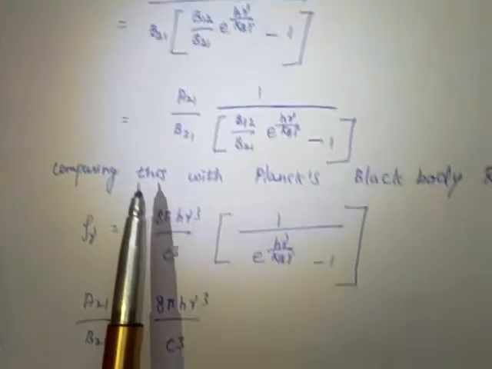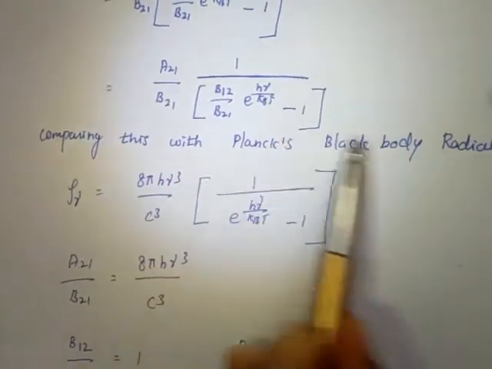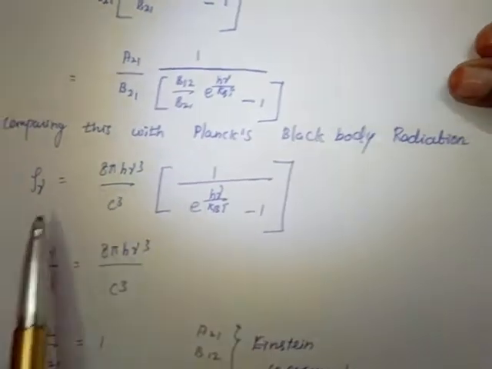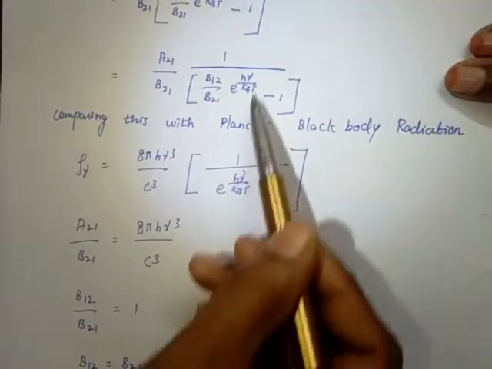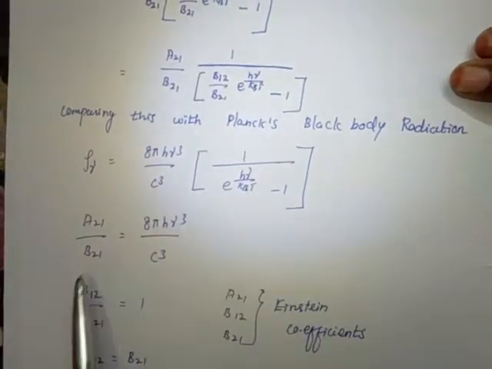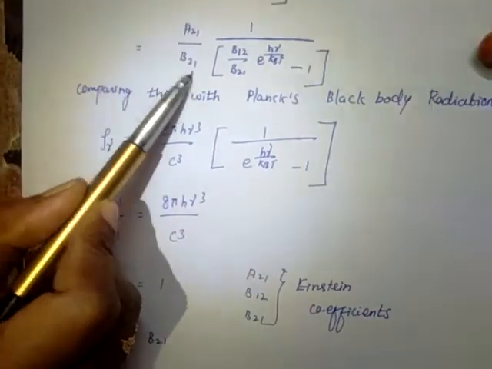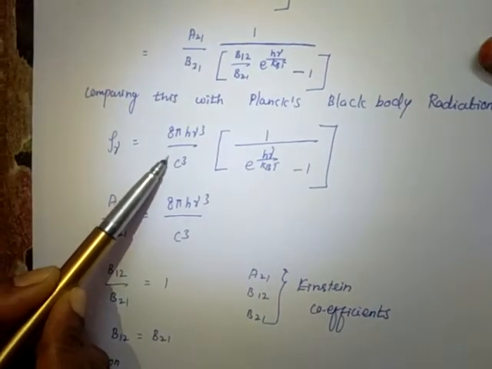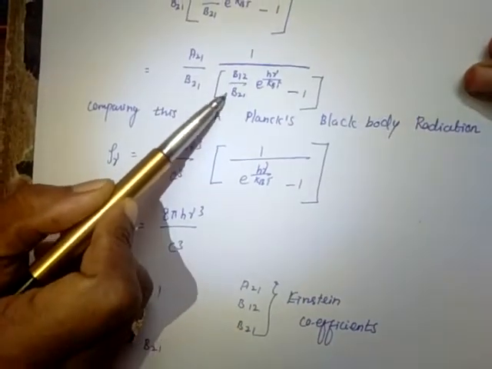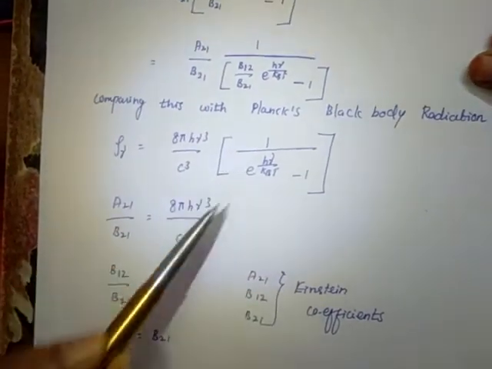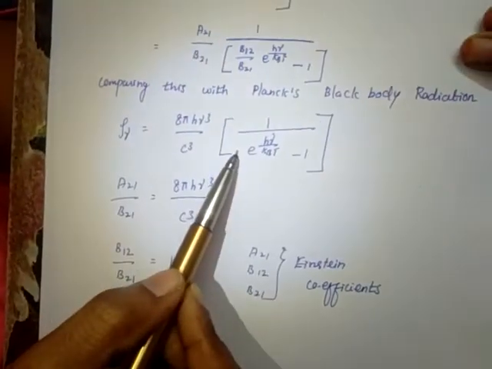Now compare this equation with Planck's theory of black body radiation. Comparing these two expressions, we get A21 by B21 equal to 8 pi h nu cube by c cube. Then B12 by B21 is equal to 1, since here there is the term 1.